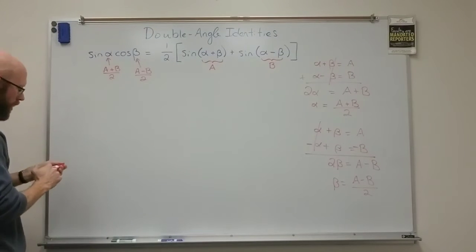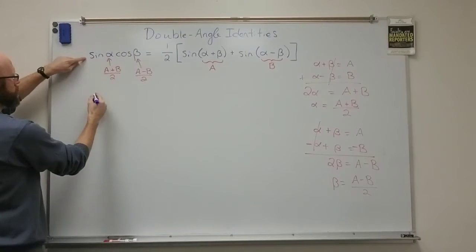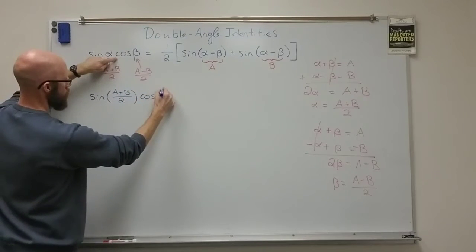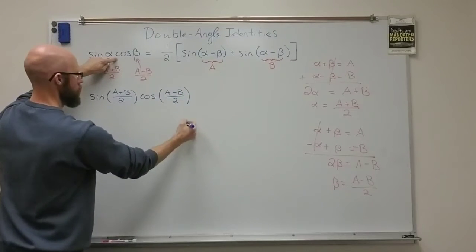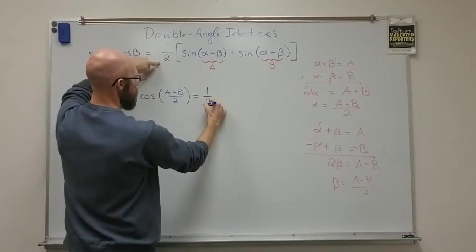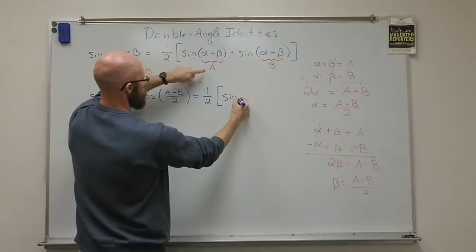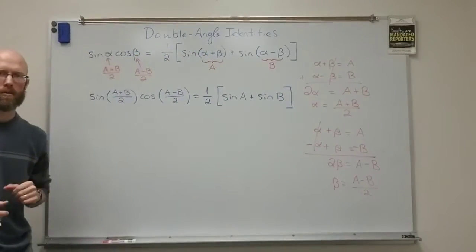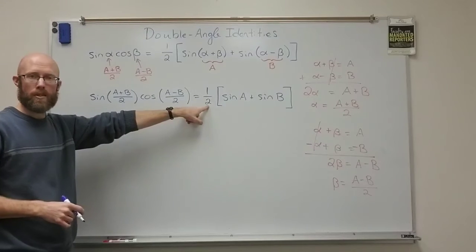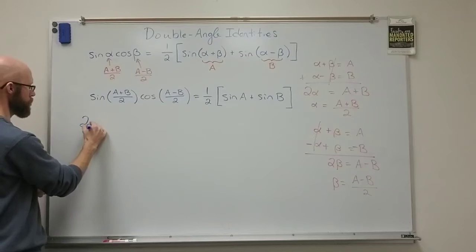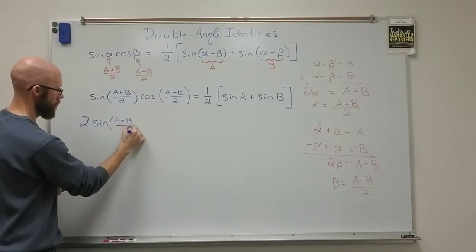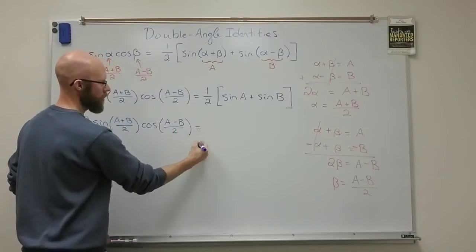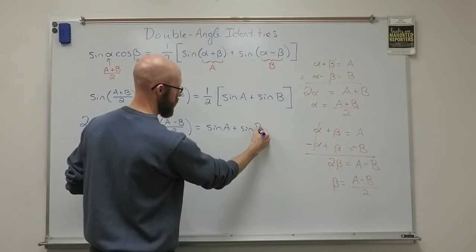So I can rewrite this entire equation as the sine of A plus B over 2 times the cosine of A minus B over 2 is equal to 1/2 the quantity of the sine of A plus the sine of B. Now, if I multiply both sides by 2 to get rid of the fraction, I end up with 2 times the sine of A plus B over 2 times the cosine of A minus B over 2 is equal to the sine of A plus the sine of B.